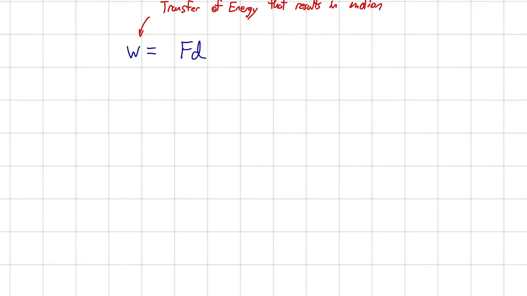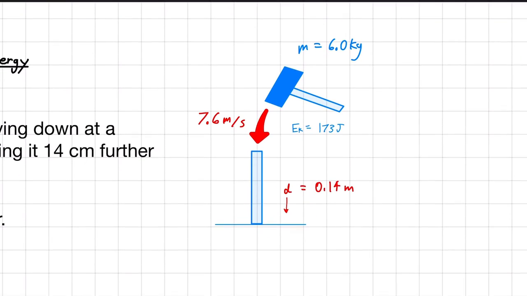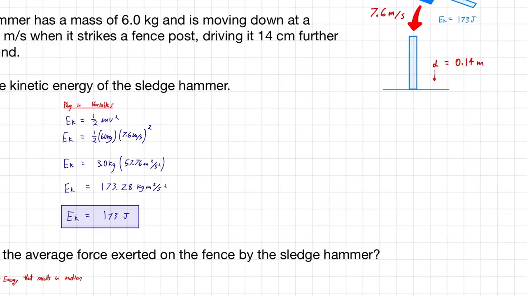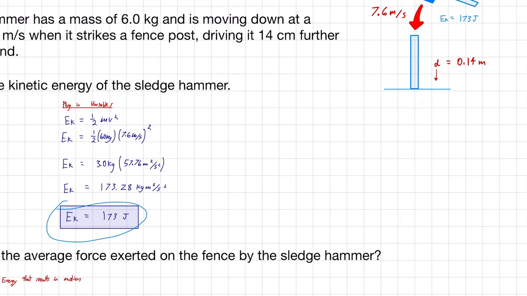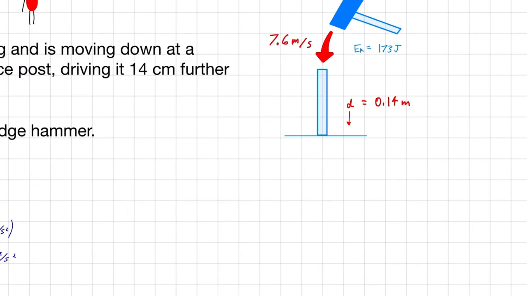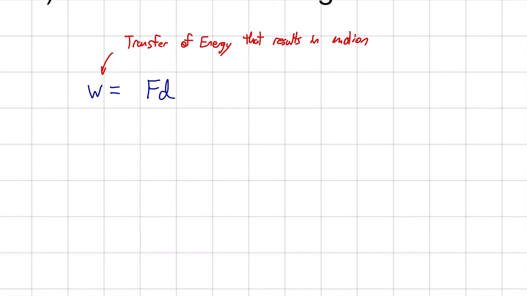So this means that when the sledgehammer was just about to hit the fence post, it had a kinetic energy stored up in it of 173 joules, and then it transferred it all into the fence post, causing it to go down. So the work here is going to be our kinetic energy in the sledgehammer.